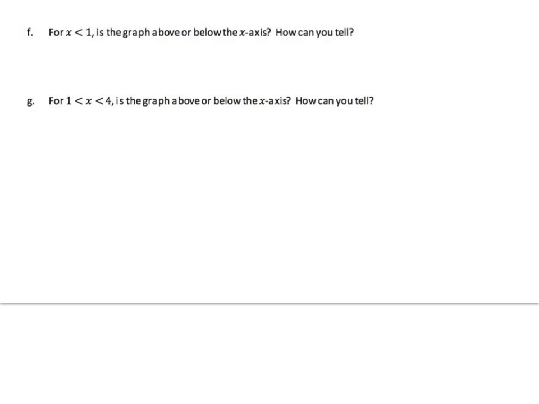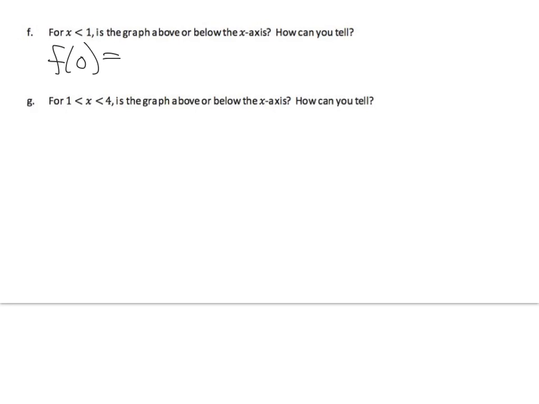So for x less than 1, is the graph above or below the x-axis? We really need to just pick a number less than 1. 0 is the easiest because it's really easy to plug in 0.